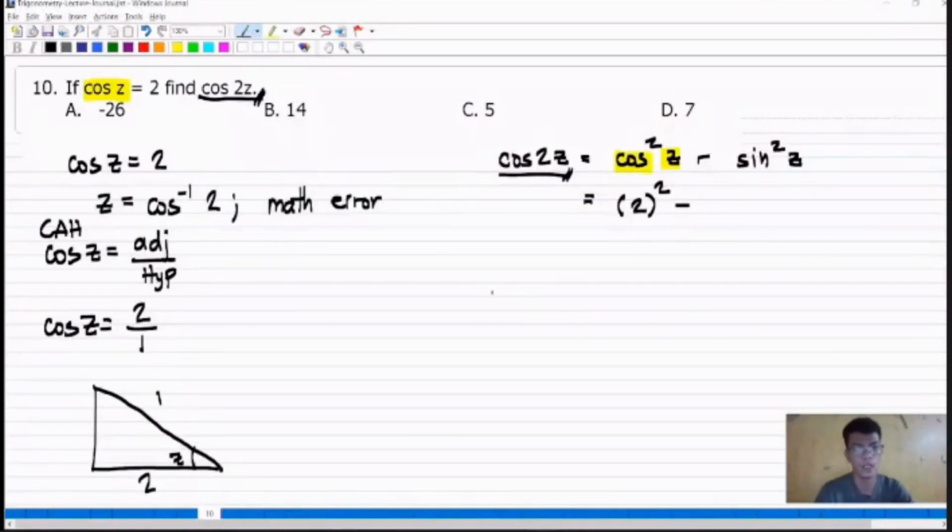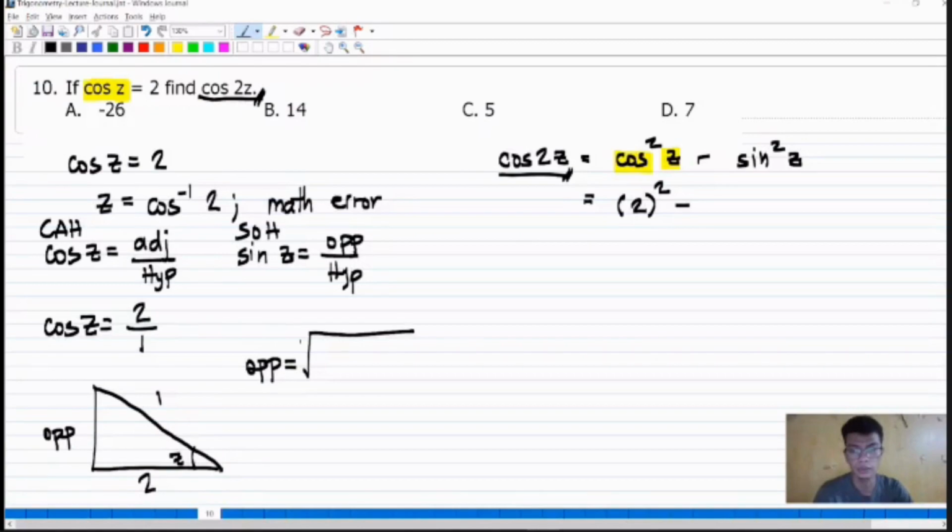So, how about the sine z? Ano naman yung value ni sine z? Diba ang sine z natin, that is SOH relation, opposite over the hypotenuse. Kailangan lang naman natin malaman kung ano yung opposite. The opposite is the square root of the hypotenuse, 1 square, minus the leg, 2 square.